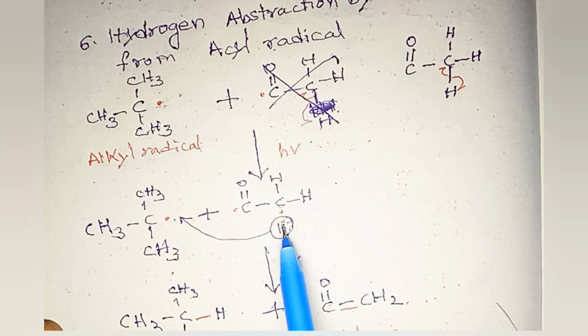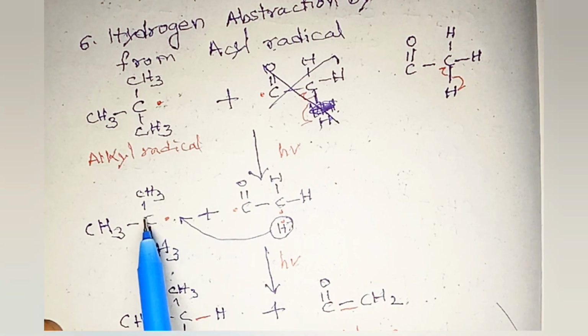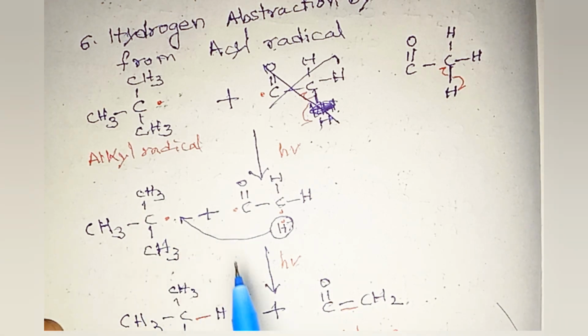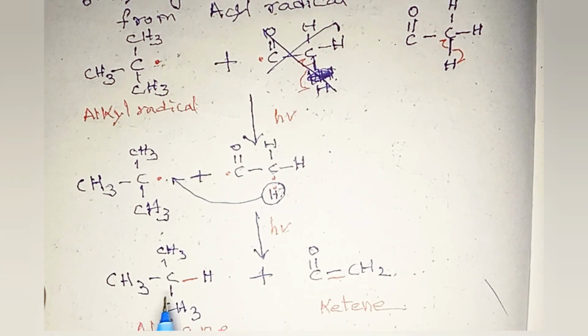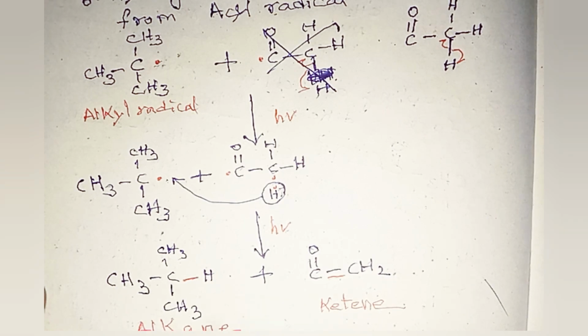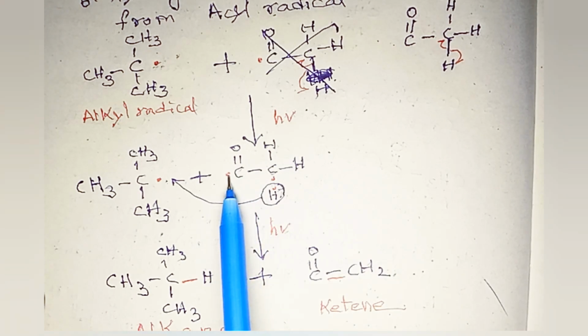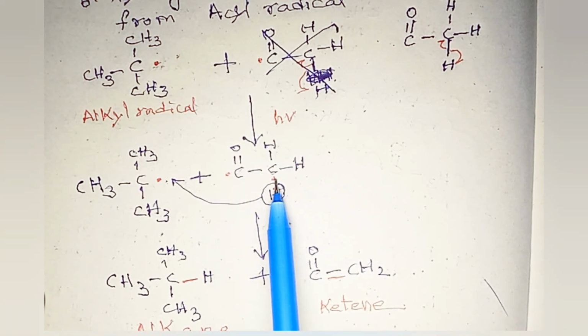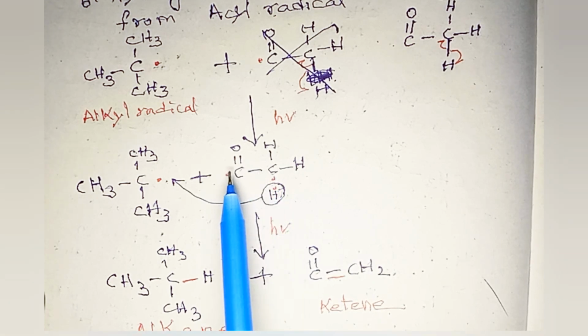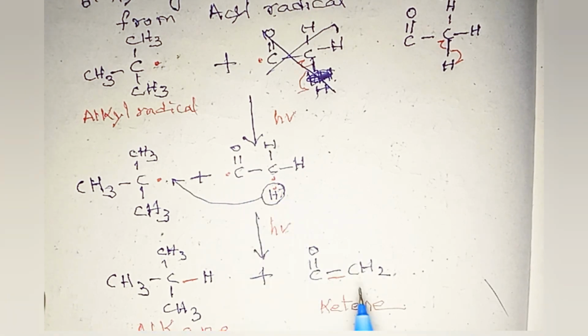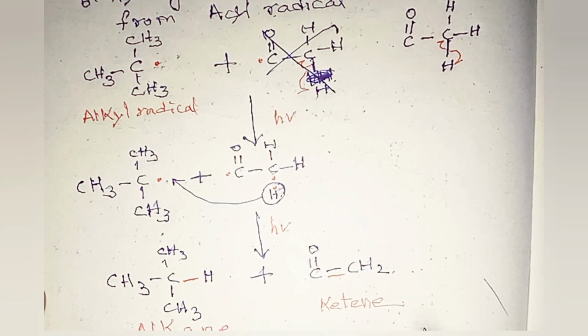This hydrogen along with this radical is abstracted by this alkyl radical. As a result, this hydrogen gets attached to the alkyl radical, forming an alkane. This carbon is having one radical and this carbon has now got another radical. These two radicals will join here to form another bond. So we get C double bond O double bond CH2, which is ketene.